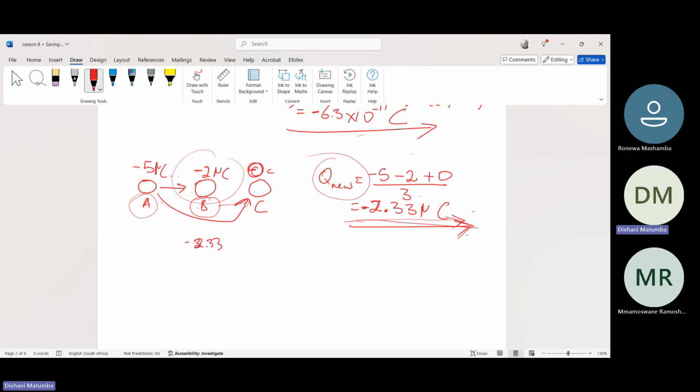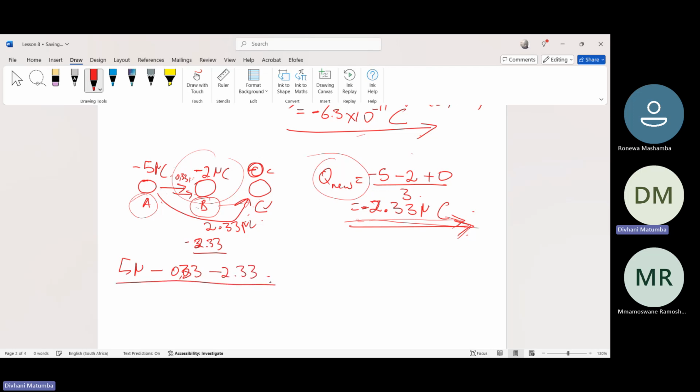Yes, sir. So a whole 2.33 microcoulombs of electrons will go to C, and then 0.33 microcoulombs will come to B. So we're going to be left with, if 0.33 is gone, minus another 2.33.